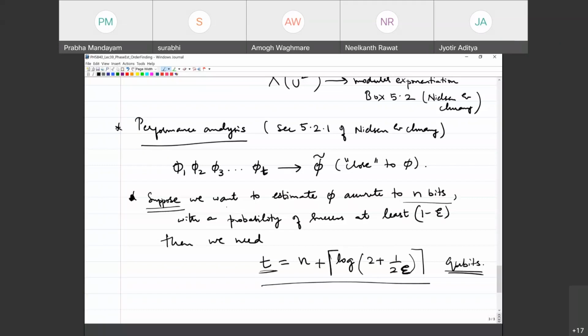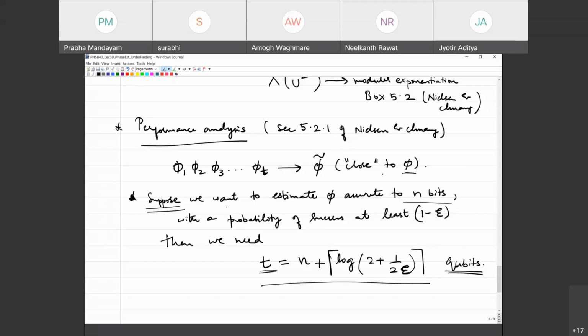What exactly is the probability of failure here? Yeah, so the probability of failure basically says that, see, you're only going to estimate the phi, right? So you're going to get some real number which is within some region of phi, right?